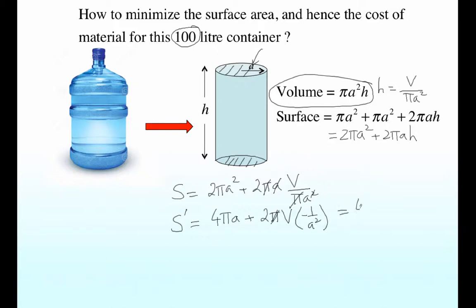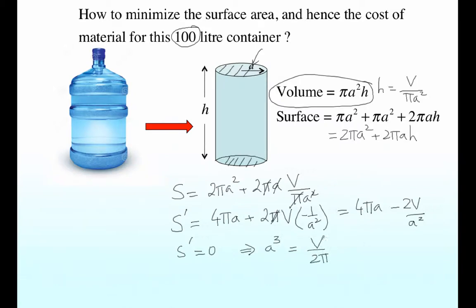And what we get is 4 pi a minus 2V over a squared. If this is to be 0, in other words, if S prime, if the first derivative is to be 0, that means that a cubed must be equal to V divided by 2 pi.